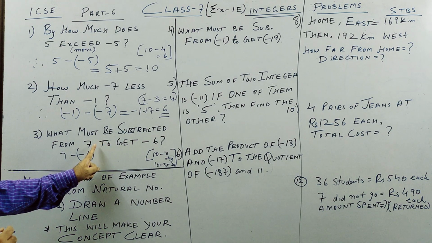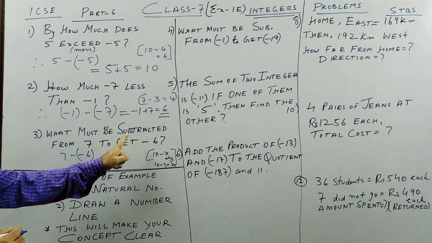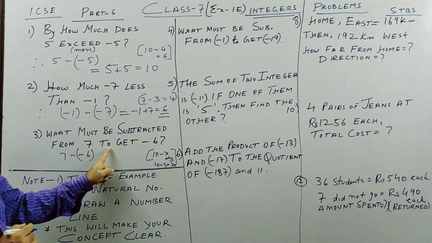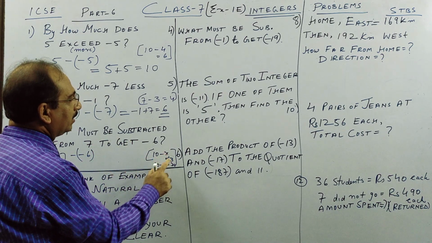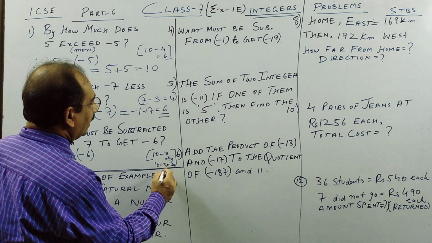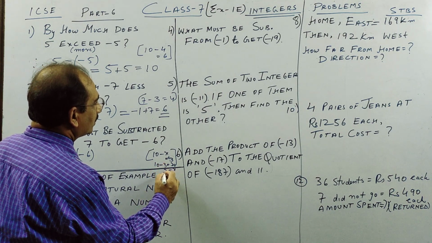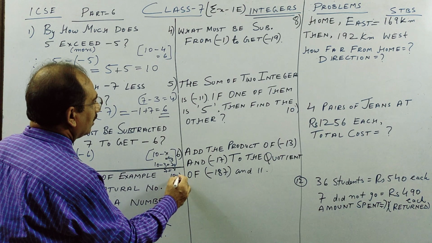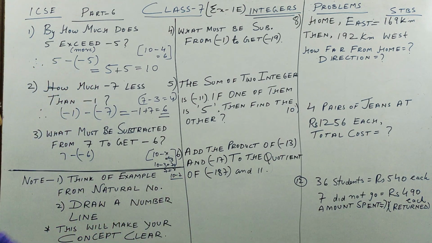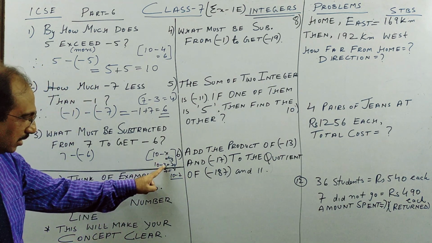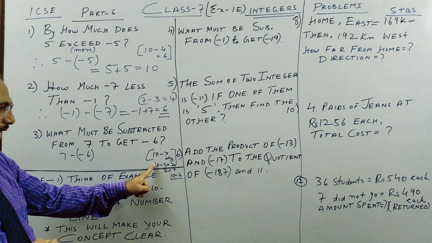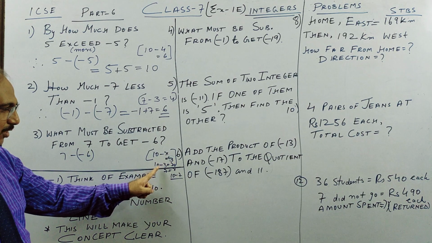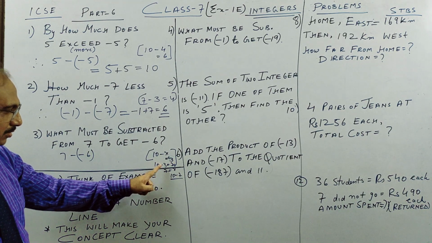Similarly, how much should be subtracted from 10 to get 3? Finally we get x equal to 7, meaning 10 minus 7. So ultimately we subtract 3 from 10. How much should be subtracted from 10 to get 3? You have to subtract 3 from 10.